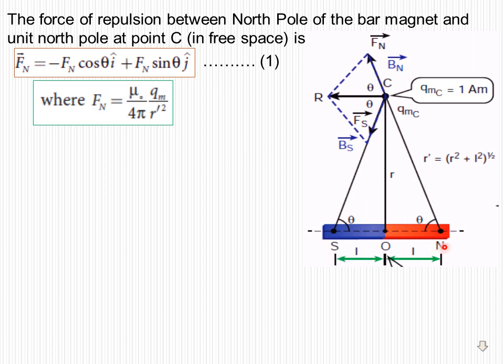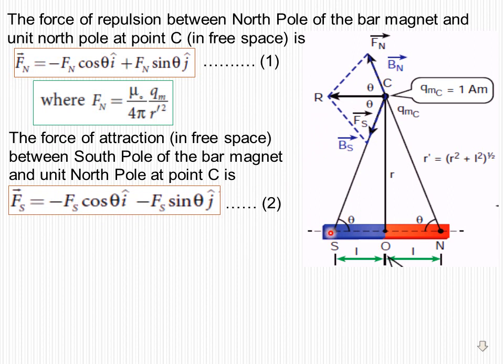Now the force of repulsion between the north pole of the bar magnet and the unit north pole at point C, that means in free space, is F n vector is equal to minus Fn cos theta i cap plus Fn sin theta j cap. Therefore Fn, the force of repulsion at the north pole, is equal to mu naught by 4 pi Qm by r dash square.